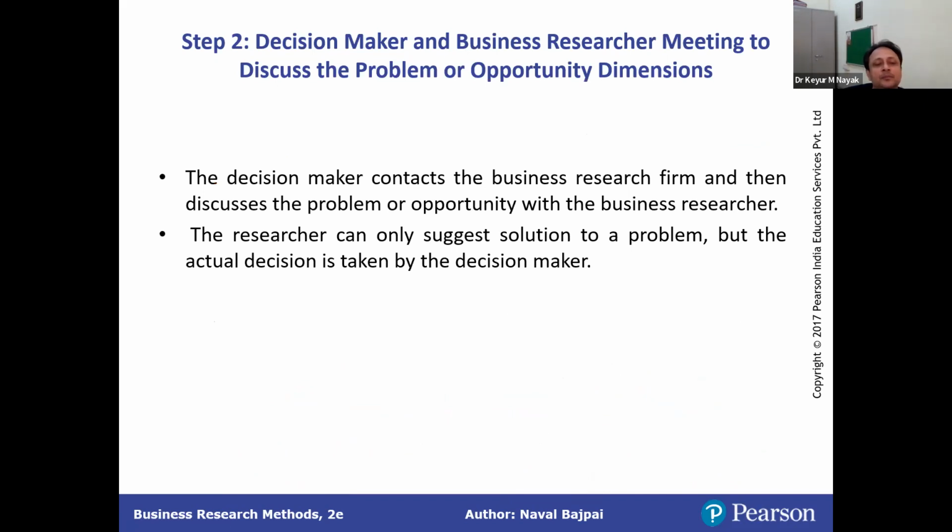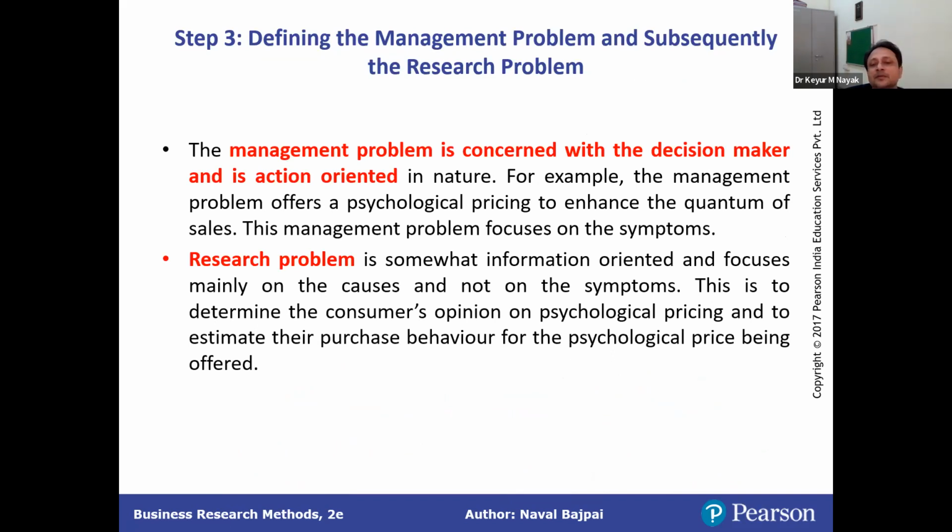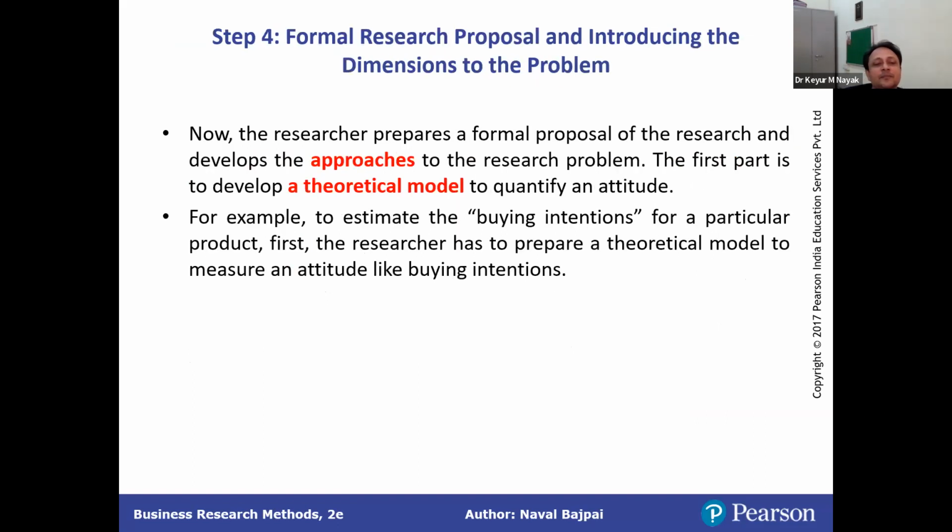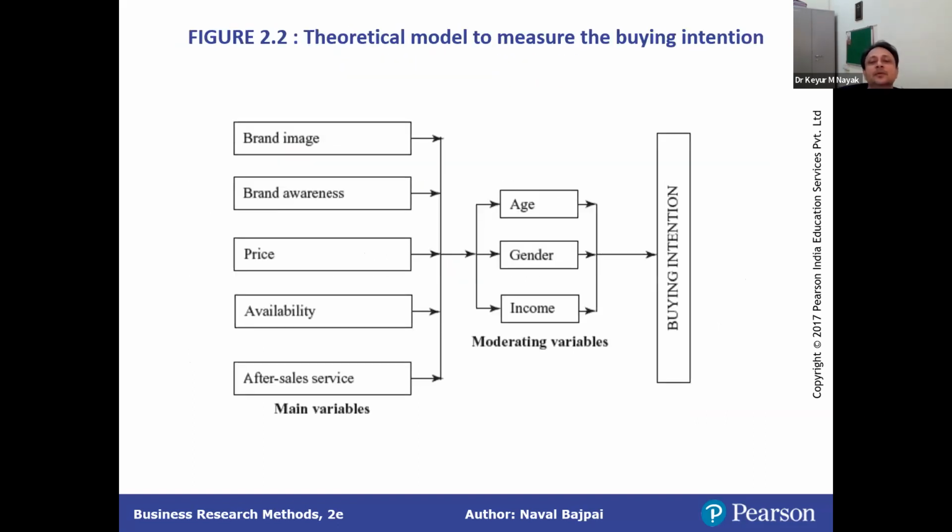We have to make certain decision on the problem. Concern with decision maker and action oriented. Look at this particular model. Look at the heading. This is an example of what? Which kind of research design do you see in this theoretical model? So here is brand image, brand awareness, price, availability, after sales service.